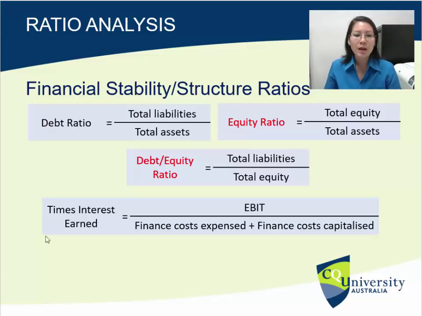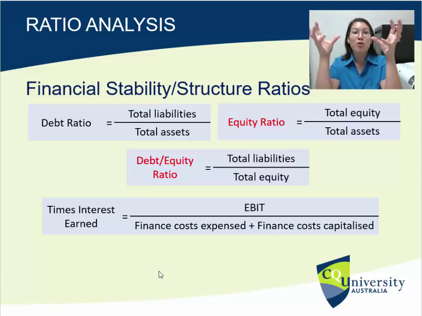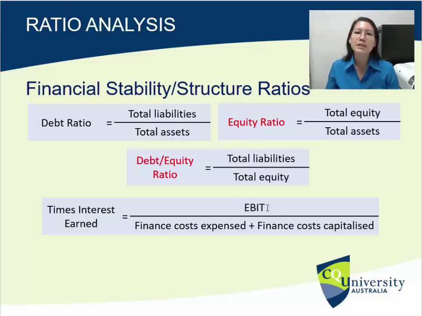Times interest earned is simply how many times our profit covers our finance costs, essentially. We use earnings before interest and tax rather than net profit after tax, because again, for management purposes, interest is a financing function and taxation is generally out of the manager's control.